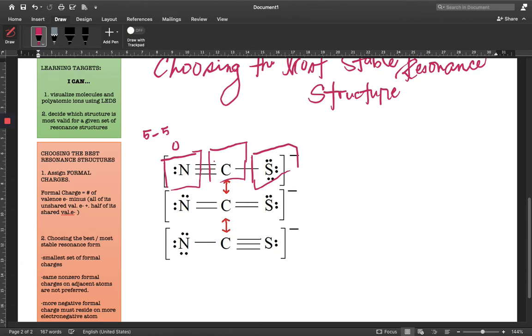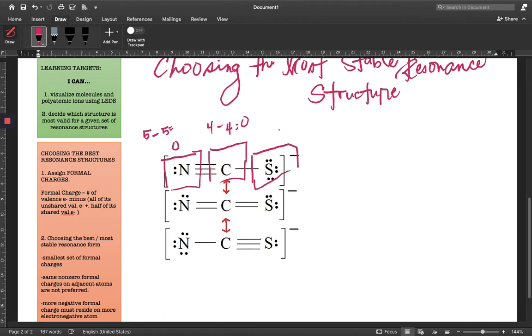Alright, now for this carbon, this is 1, 2, 3, 4. The carbon atom actually has 4 valence electrons, right? So 4 valence electrons minus 4 electrons in the box, so you get 0. And then you have sulfur.